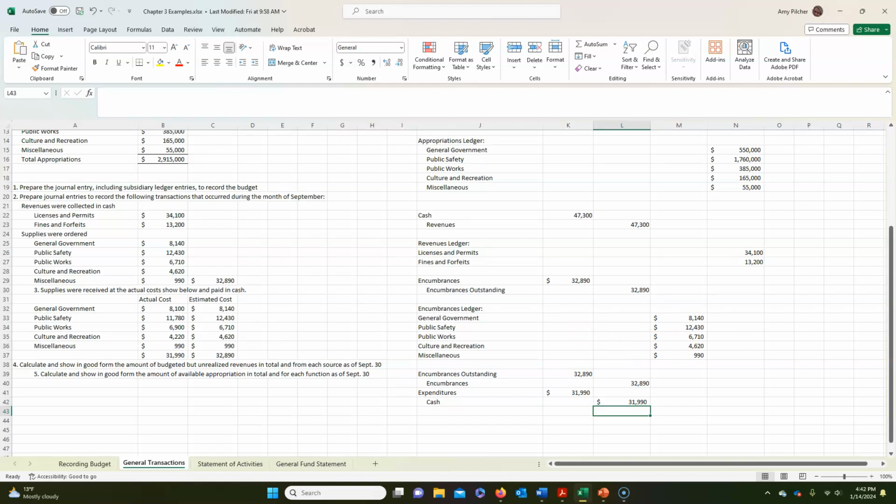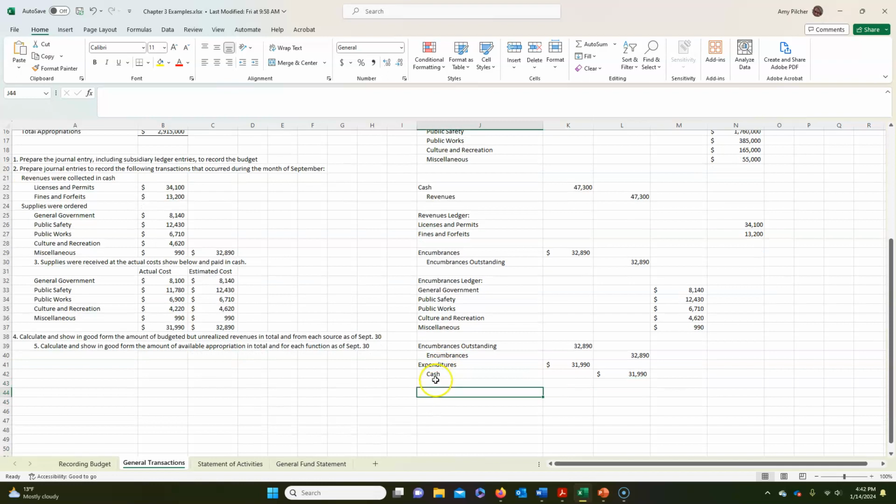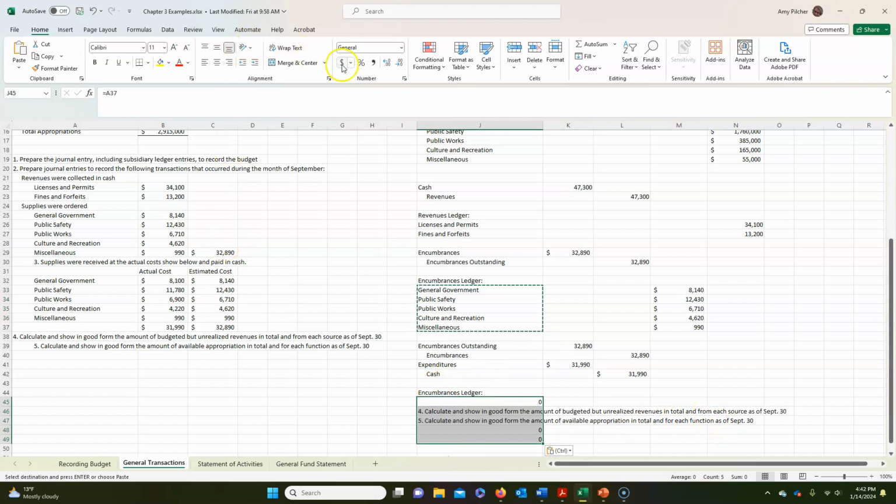And then we're going to remove the encumbrances that we recorded. So we're going to now credit those accounts on our encumbrances ledger. So we're going to copy these down. Oh, yeah, that's because I copied those, huh?